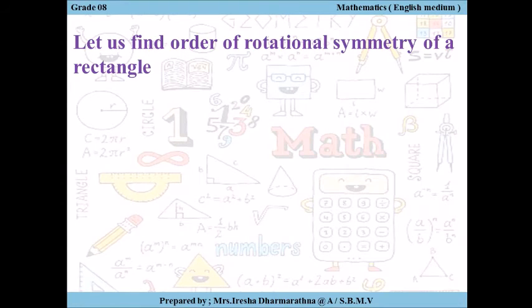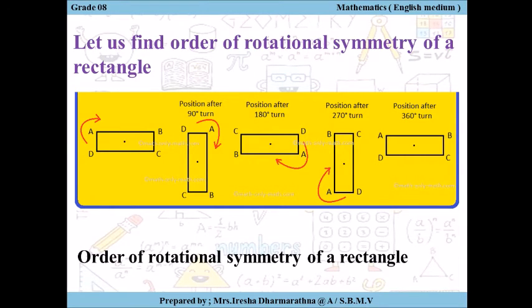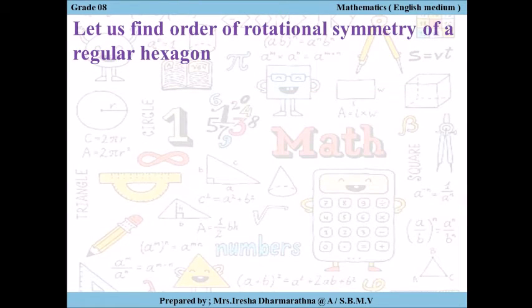Let us find order of rotational symmetry of a rectangle. When we rotate rectangle in clockwise, it coincides with original figure in 2 times. That means order of rotational symmetry of a rectangle is 2. Let us find order of rotational symmetry of a regular hexagon.